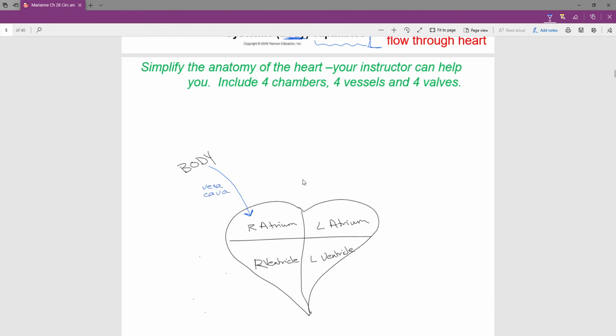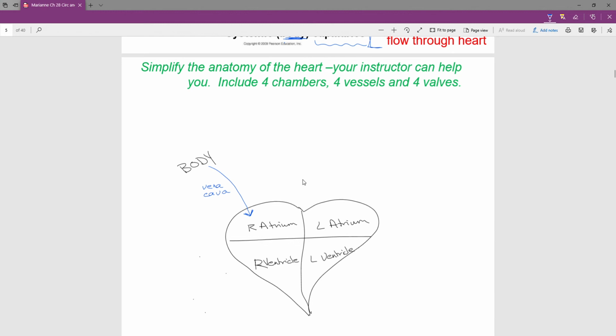It would be the largest vein in your body because it's returning to the heart. In this case, it's deoxygenated blood. Technically, you have an inferior vena cava from the lower part of your body and a superior vena cava from the upper part of your body, but we're just going to simplify it as vena cava, as the vessel that comes into the right atrium.